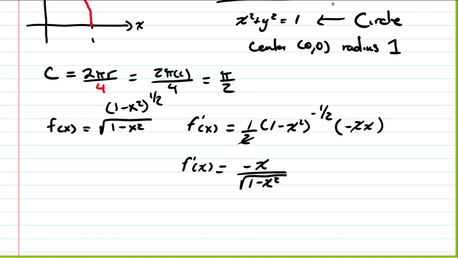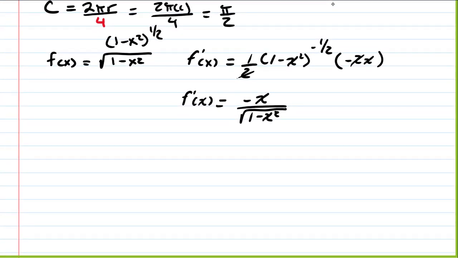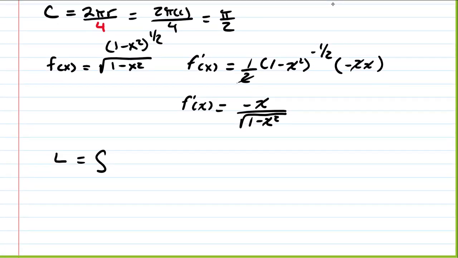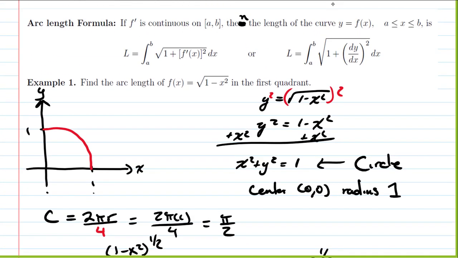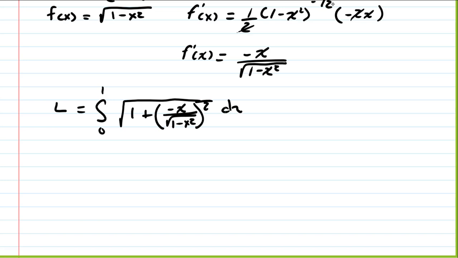So that's our f prime, and our formula for the arc length is L is equal to the integral, and we're going to go from 0 to 1 of the square root of 1 plus f prime of x squared dx.